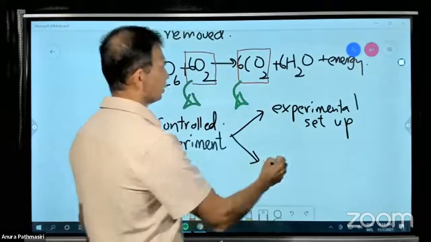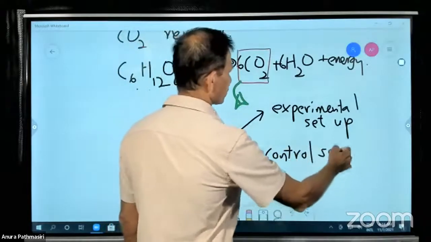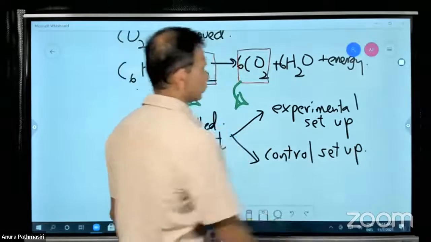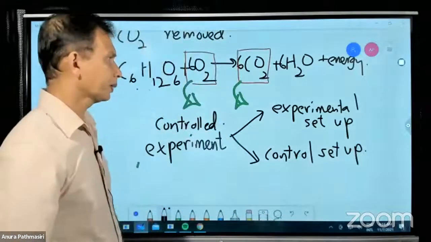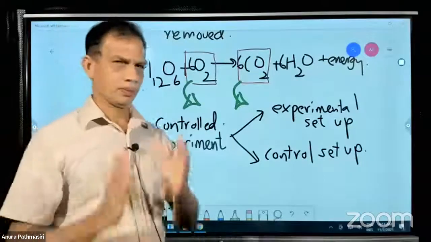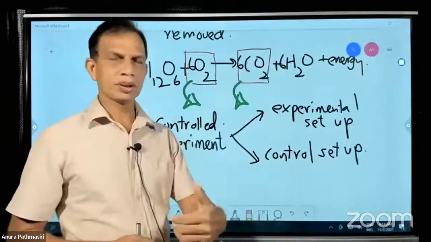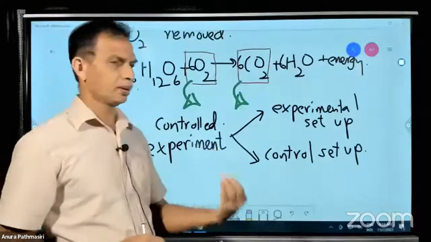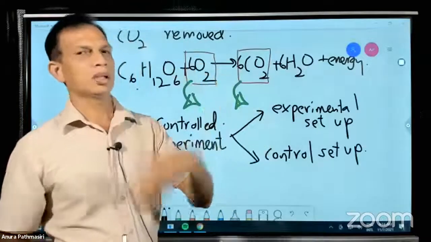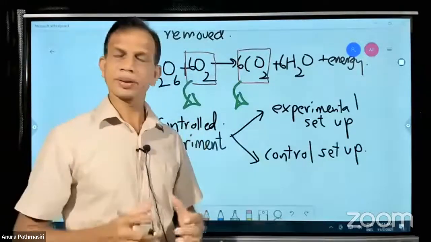In the experimental setup, we do the experiment by giving the particular components while keeping all the others constant.